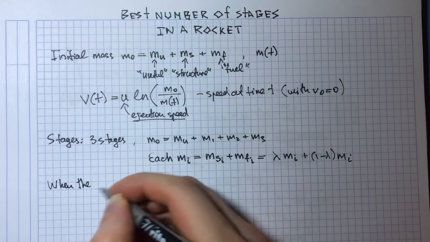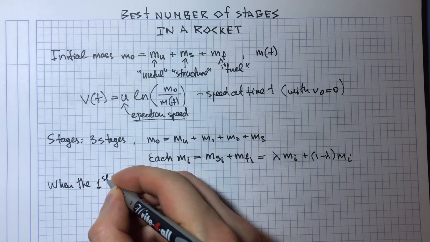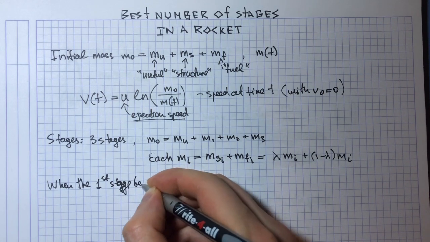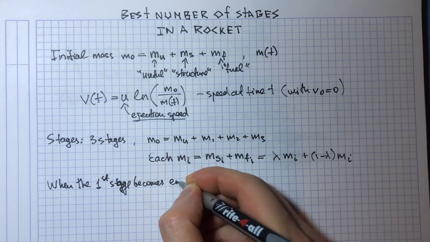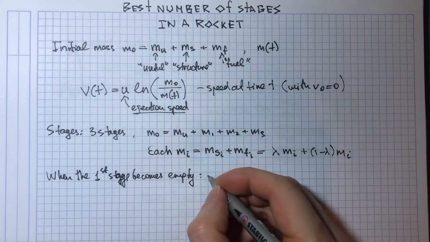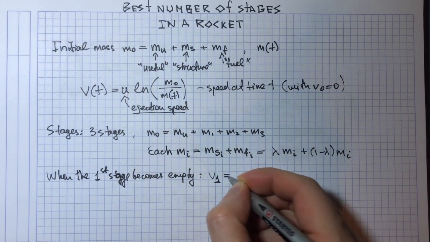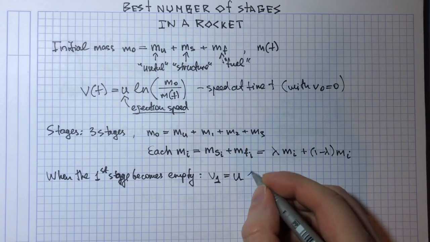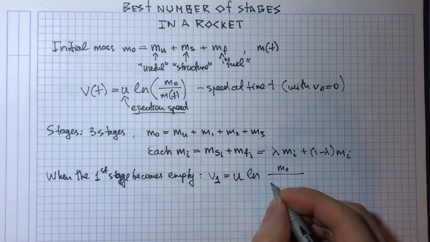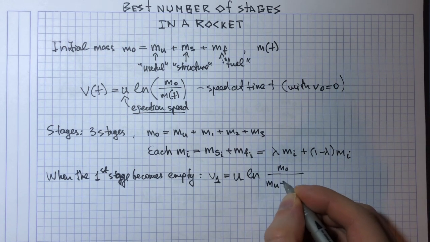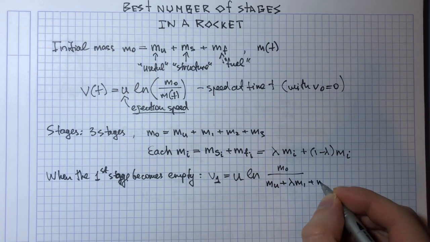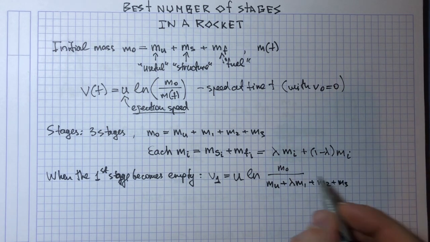When the first stage becomes empty, our rocket will attain a speed of v1, and this is going to be equal to u of ln m0 over m useful plus lambda m1 plus m2 plus m3, right?